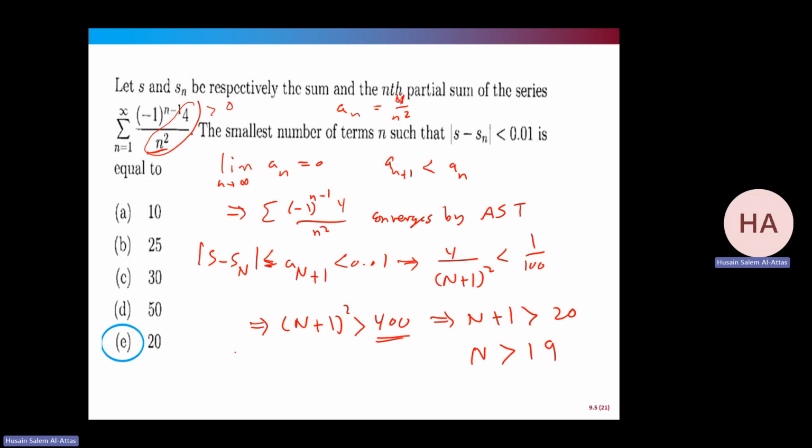So how many terms do we need? What will be the smallest number of terms? It is more than 19, which is 20, an integer number. And that is our answer.